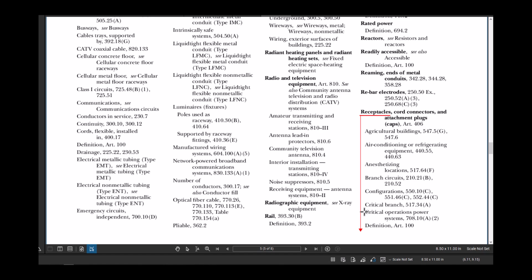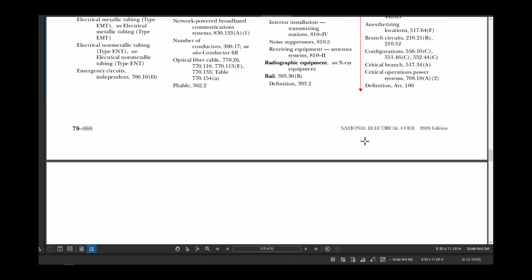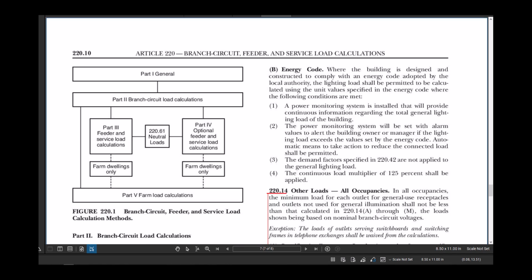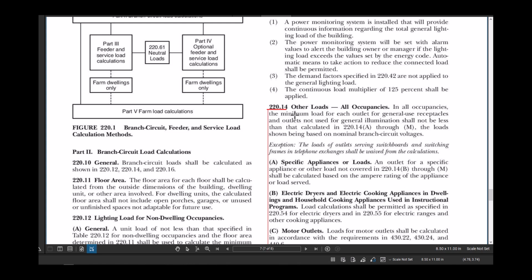If I go through one by one, to start in the load section, which is 220.14, and start my navigation in the article, we come to here, which says other loads, all occupancies.